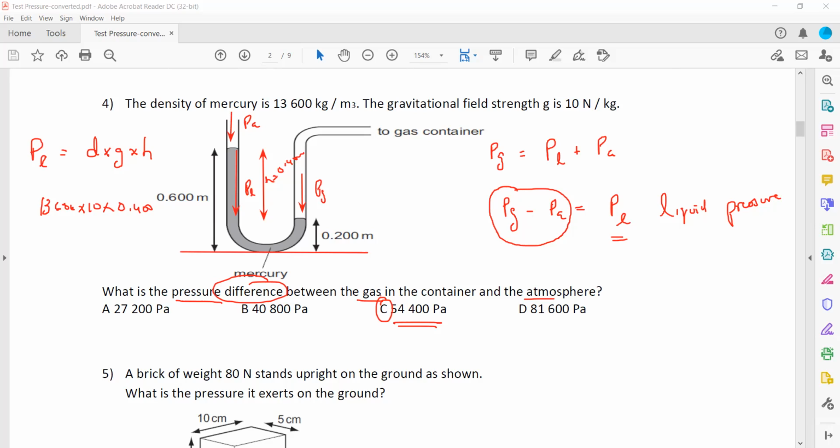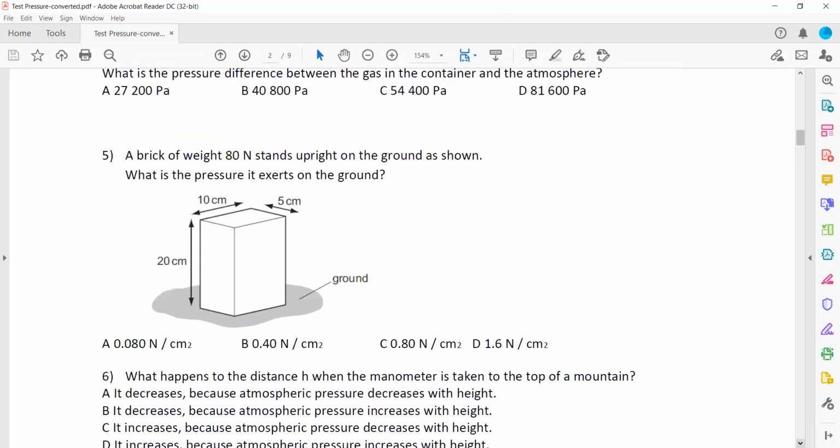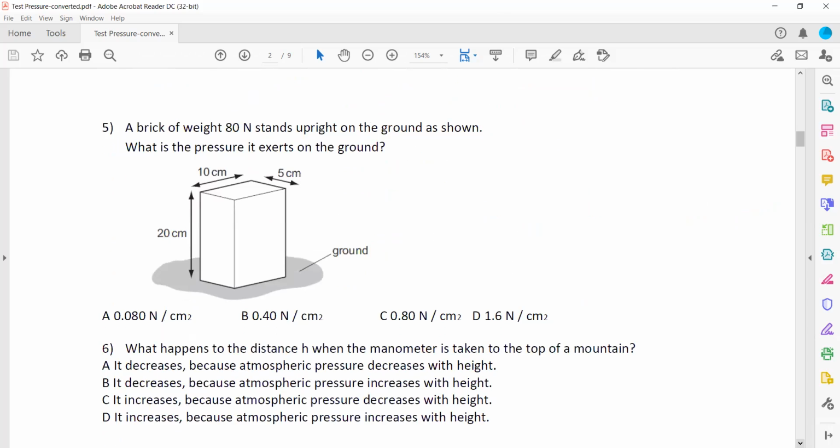Abdullah Khan, Basira, Afreen, Heather, Shahzeb. So whenever you're solving a question related to a manometer, you always take the difference in the height.